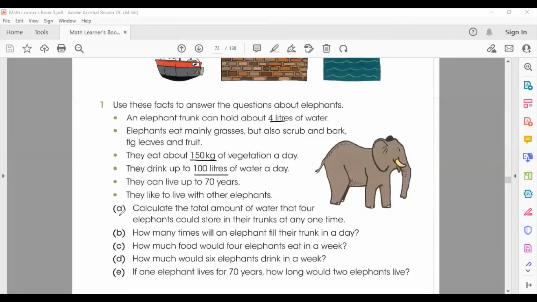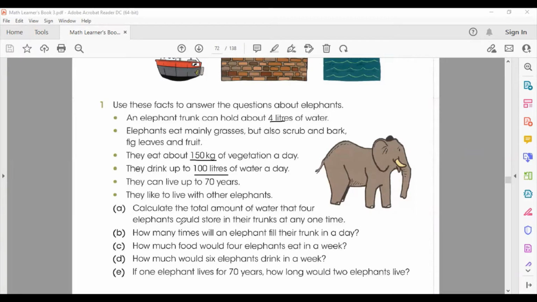Okay, let us solve the questions. Calculate the total amount of water that four elephants could store in their trunks at any one time. We know that an elephant can hold 4 liters of water in its trunk. So how many elephants are there?